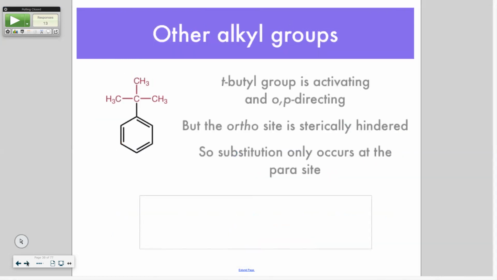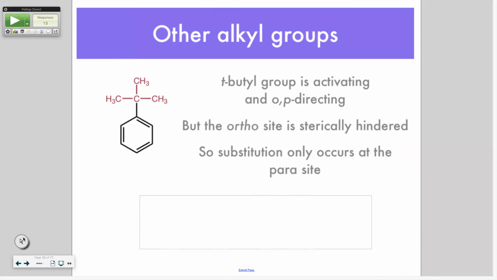Okay, here is a T-butyl group. A T-butyl group is also an alkyl group, just like a methyl. It is also an activating group, and it is an OP directing group. So the T-butyl group is saying, you can come in here, you can go ortho or para. Guess what happens with this one? You only get para.